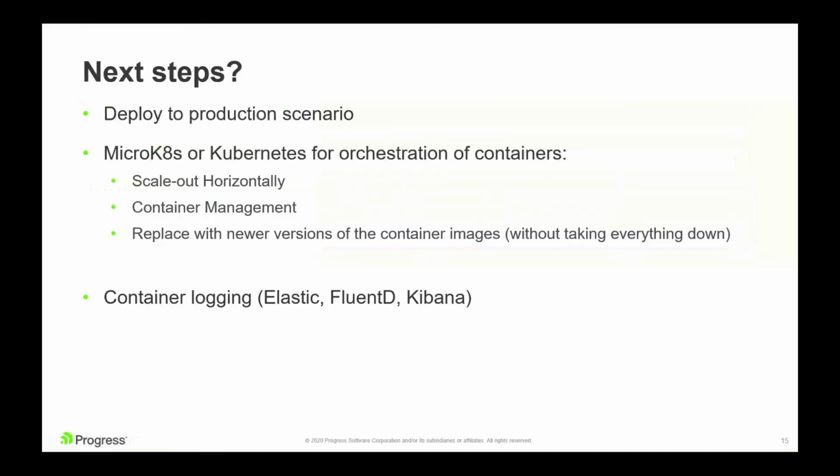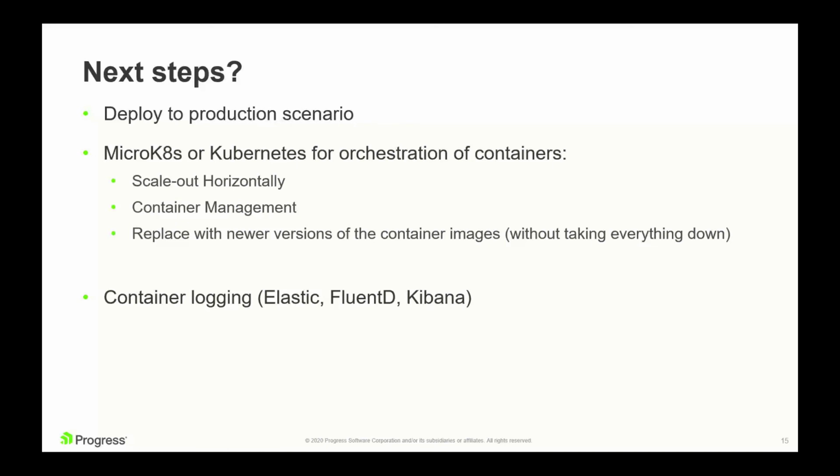So then, what would be the next steps? Obviously, that would be a deployment to a production scenario. But then you're getting straight into the orchestration of containers as well, which is very important in this case. Why? Because with Kubernetes or Docker Swarm, for that matter, one of the main advantages is that you can scale out so easily. You just say, I want 3 or 4 replicas of the same container, and it will spin that up for you.